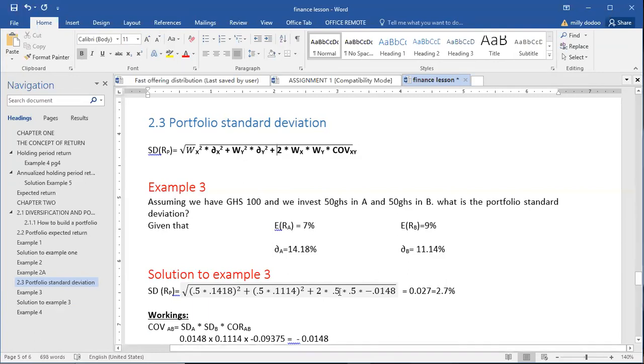Multiply by the weight of A. Weight of A is 0.5. Weight of B is 0.5. Multiply by the covariance between the two.